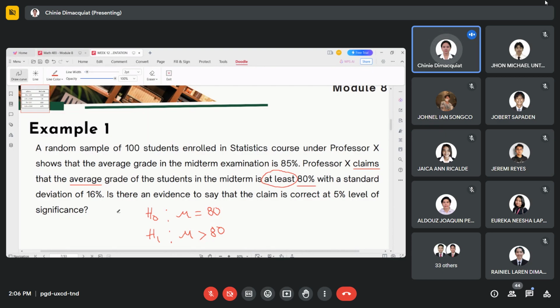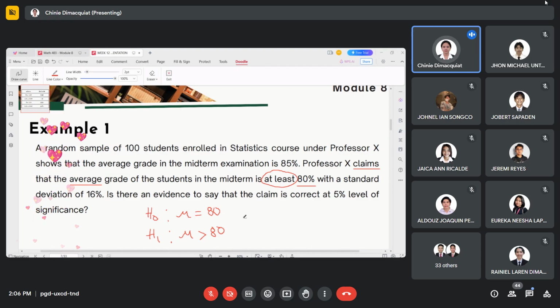Na-state na natin yung ating null and alternative hypothesis: mean is equal to 80 and mean is greater than 80. May question ba kayo kung paano nakuha itong ating null and alternative hypothesis? Nagets naman. Okay, proceed tayo kay step 2.